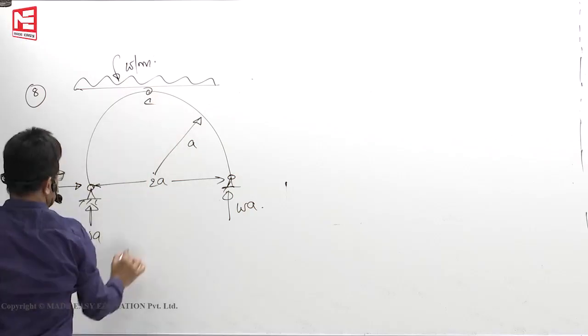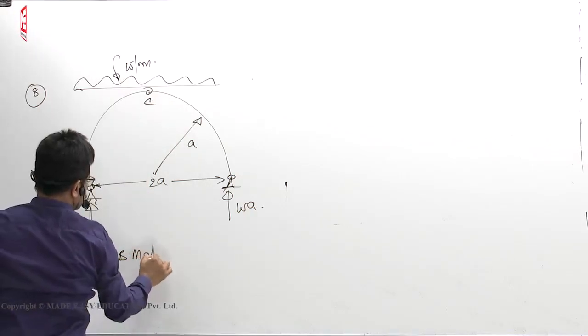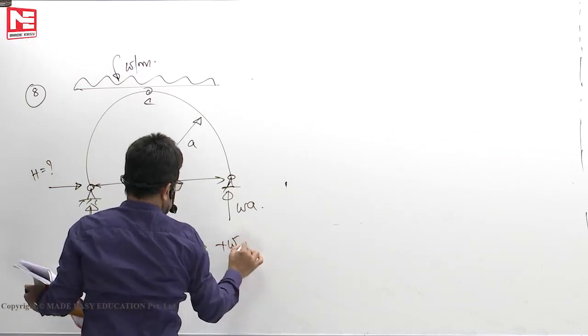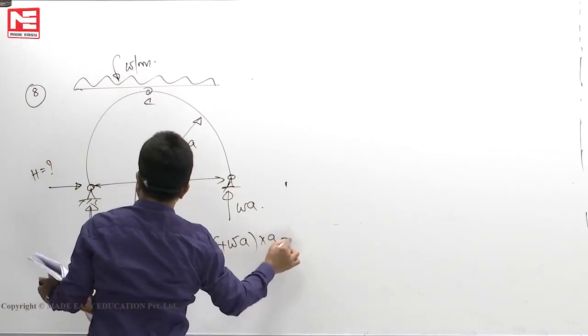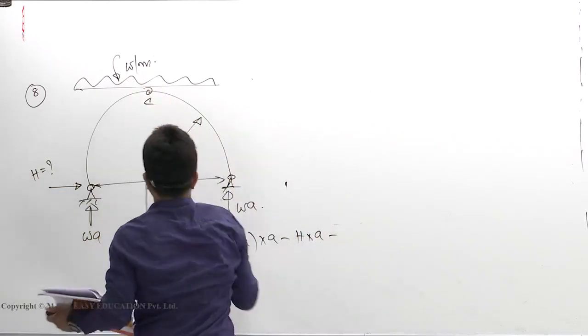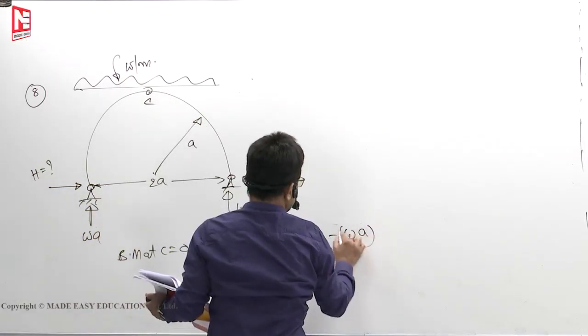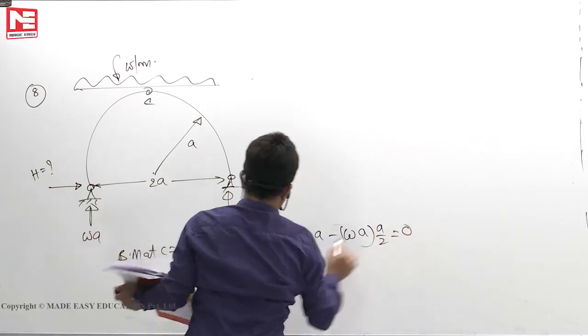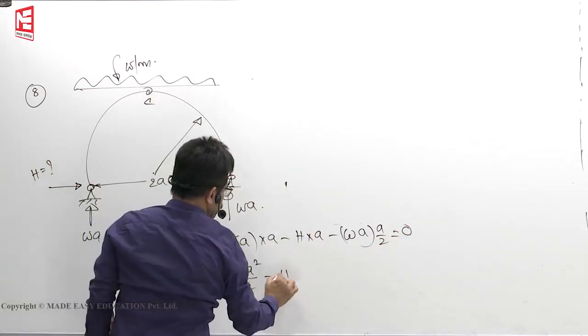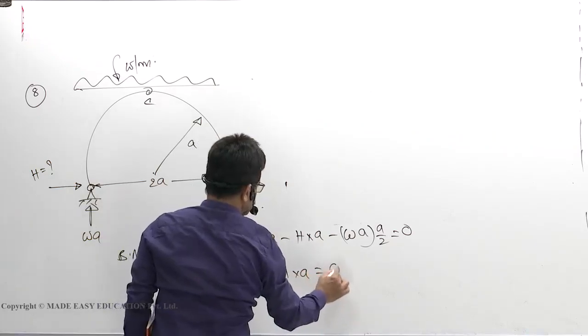Now bending moment at C is equal to 0. So you will get WA into A minus H into A minus W into A into A by 2 must be 0. So WA square minus WA square by 2 minus H into A is 0.